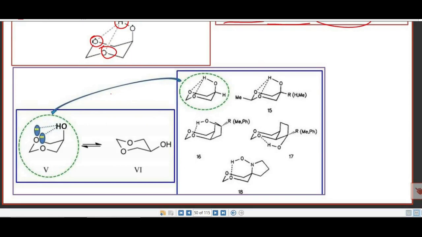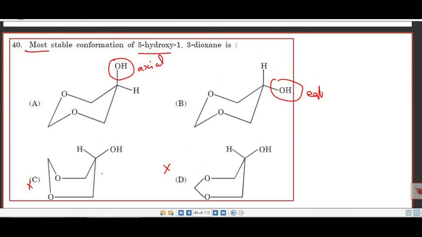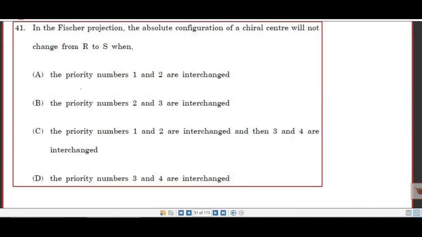Equatorial OH does not form intramolecular hydrogen bonding. Here, see, the hydrogen bonding is formed between these, hence it is more stable. The more stable conformer is among A and B. A is more stable because it forms intramolecular hydrogen bonding.